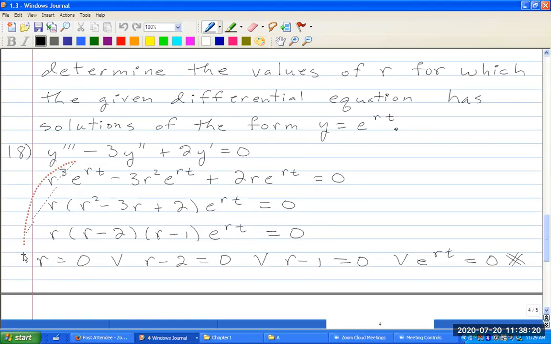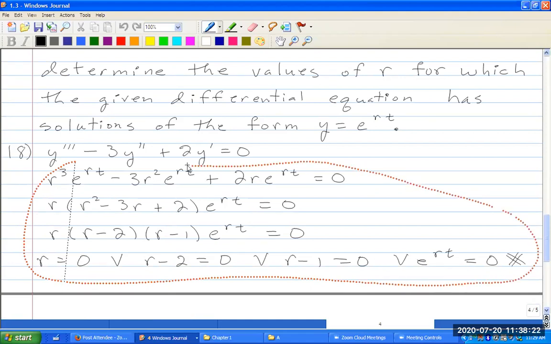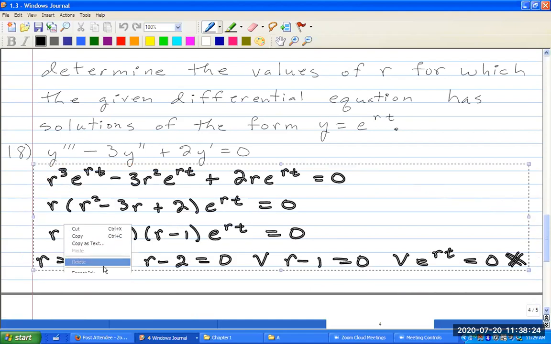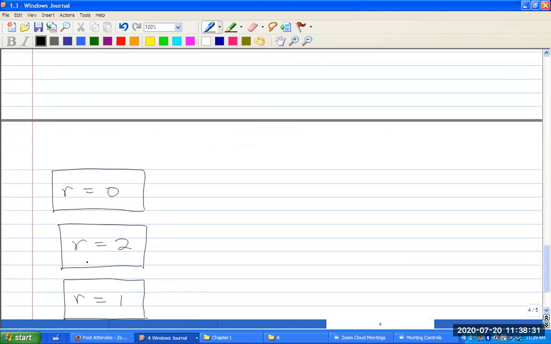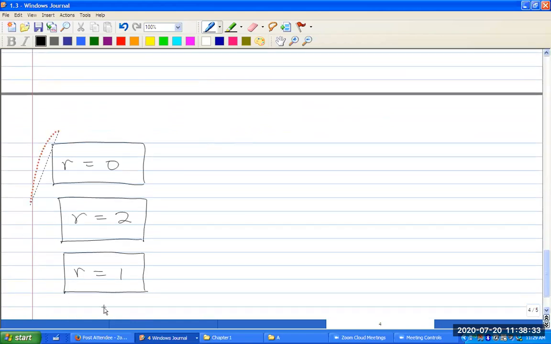Okay, one second. Computer's just a little slow. Here it is.